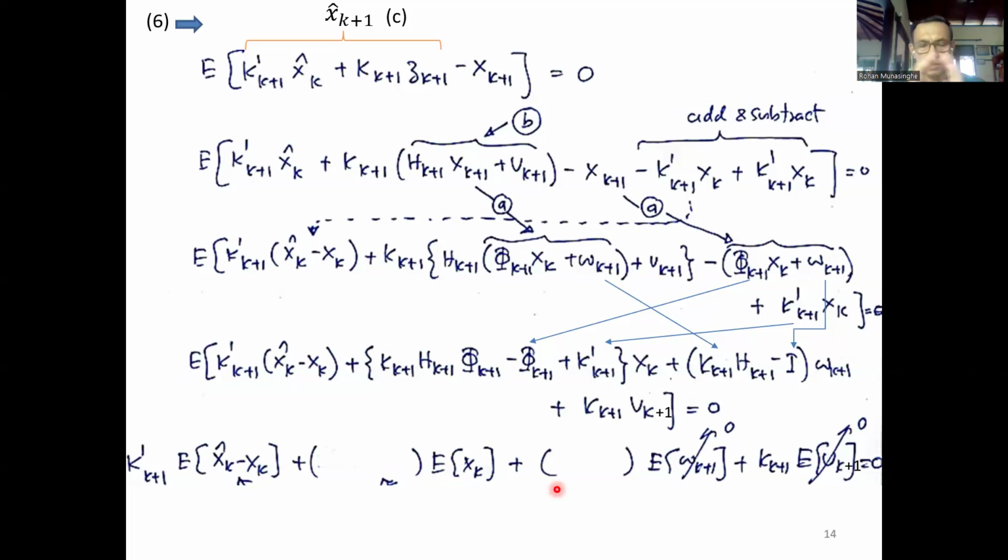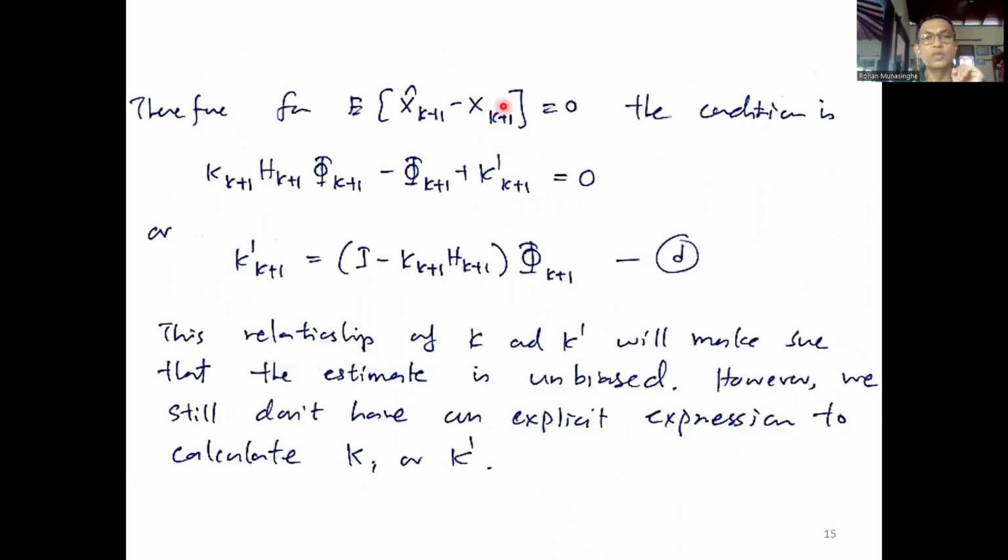So when you clamp this equation, saying that we want the Kalman filter estimate to have 0 expected error, then you will eventually find this relationship. If you want to have an unbiased estimate, this is the relationship between k and k dash. See, one side is k dash, the other one is k.